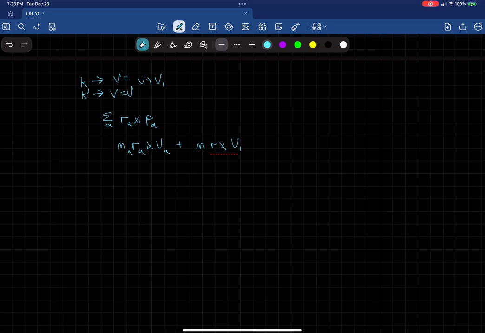And again, this is just our regular angular momentum plus our mass of the whole system times the cross product of the velocity of the system as a whole, because v1 would just represent the difference in velocities from one system to another.